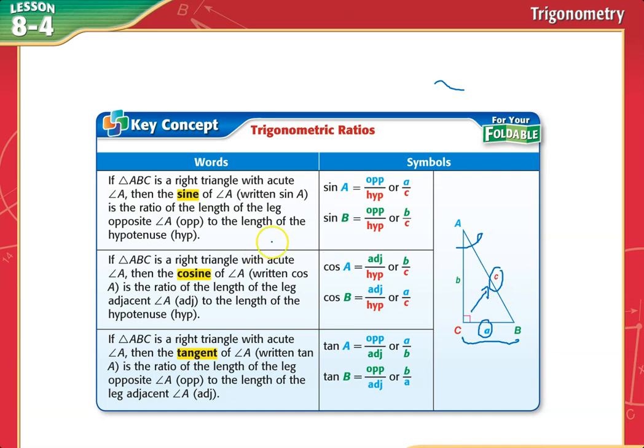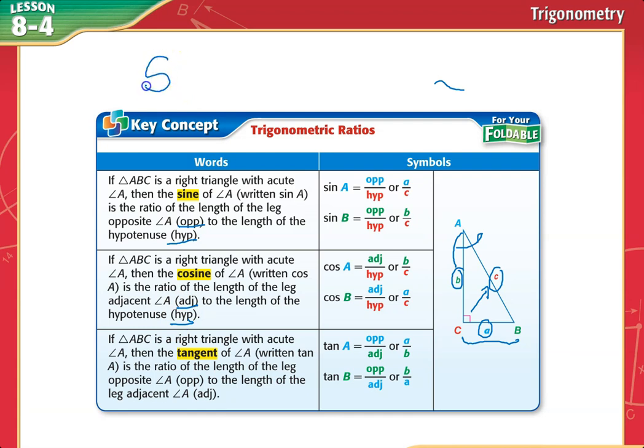So in sine, it's the opposite side from the angle A divided by the hypotenuse length, and that's called the sine ratio. Cosine of A is the adjacent side to A. Adjacent does not mean across, it means next to. So here's the side next to, so we have b divided by c, the adjacent over the hypotenuse.